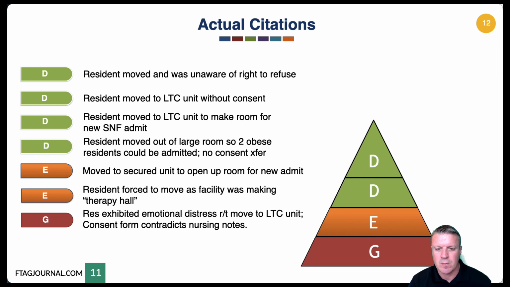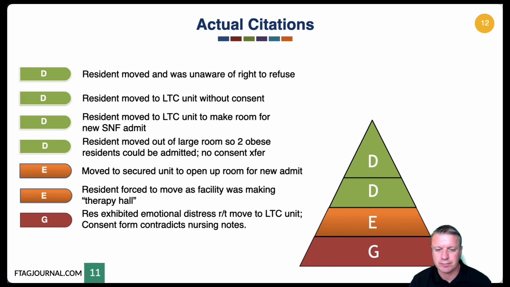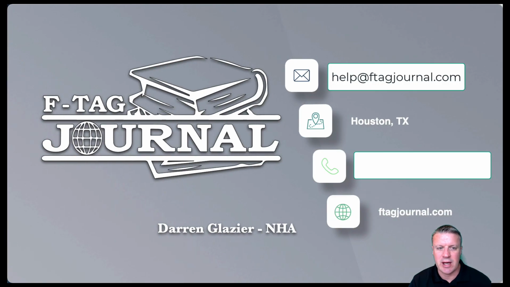So it's not uncommon for nursing notes to be the thread or string to pull on from the surveyors that unravel the whole sweater, so to speak, and end up with a citation. So that is F560, Right to Refuse Transfer.